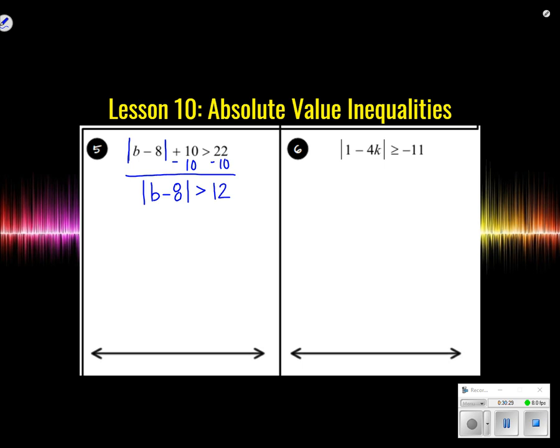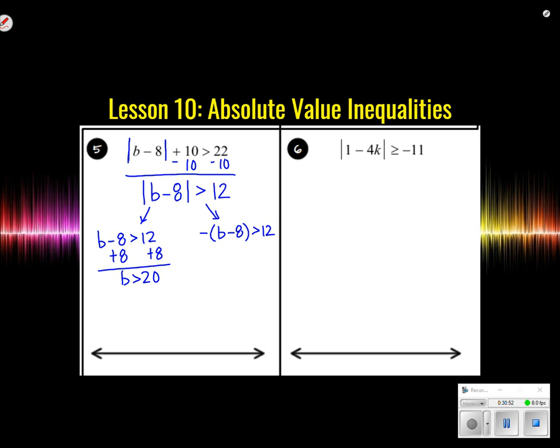Now my absolute value bars are by themselves, so I can break them up. And I've got b minus 8 is greater than 12. Get my negative in my parentheses. And then we solve. So I'm going to add 8. So b is greater than 20.